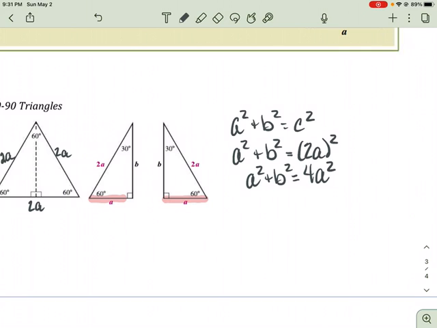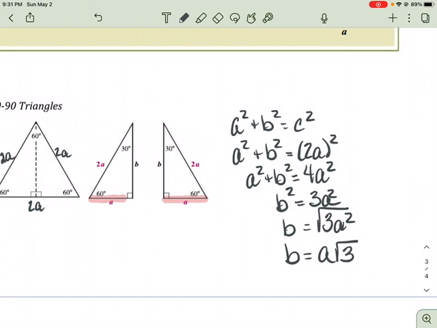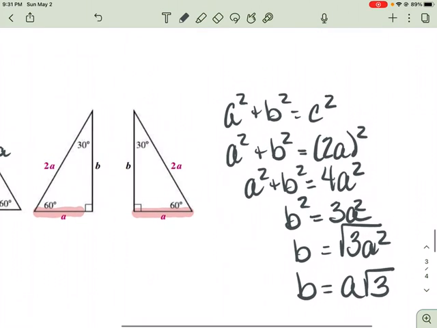Okay, so I can subtract A squared, giving 3A squared. So we can figure out what B is, and we can take the square root. So now everybody's in relationship to A. I have A for the smaller side, 2A for the hypotenuse, and A square root of 3 for the longer leg.